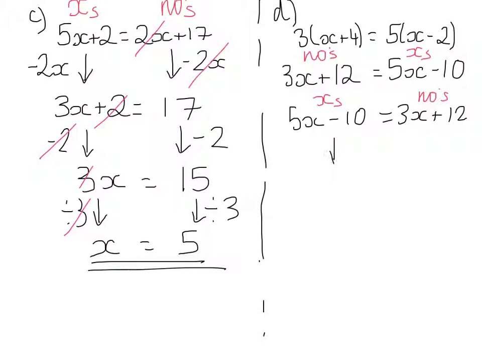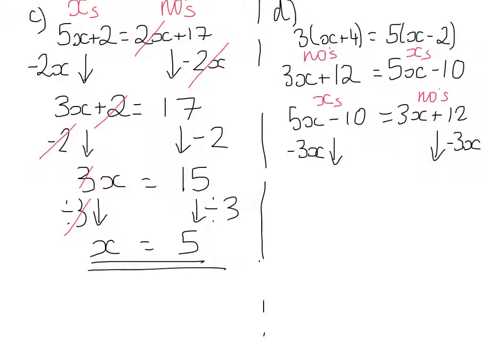Okay, so I want my x's on this side, which means I don't want any x's on this side, so I've got to get rid of this positive 3x. Opposite of adding 3x is subtracting 3x. So that means I've also got to just subtract 3x from this side.